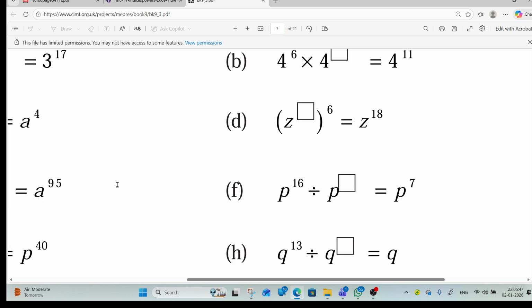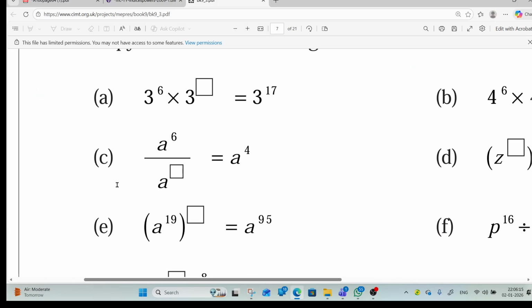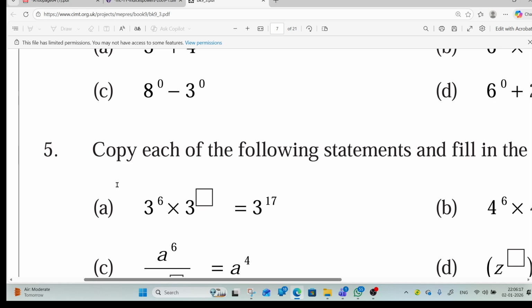What should I write here in F? 16 minus 9 is 7, right? So that means I should get 9. Because they are in division. If there is multiplication, we need to add them.